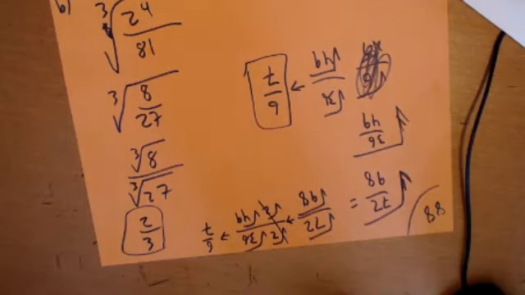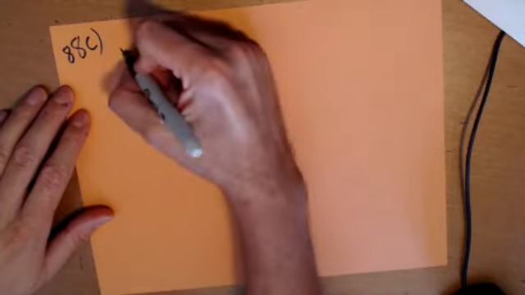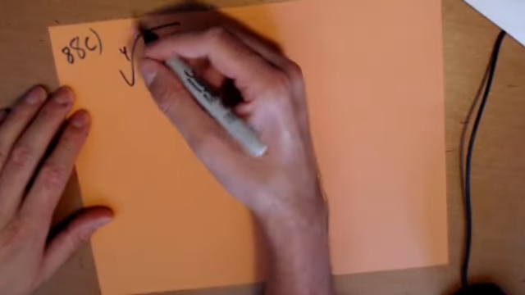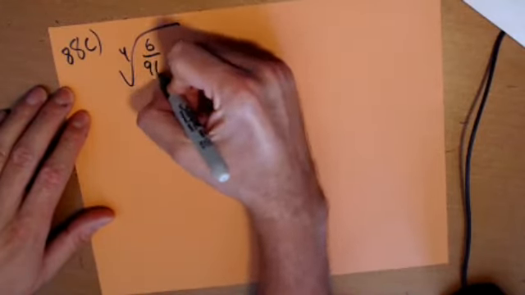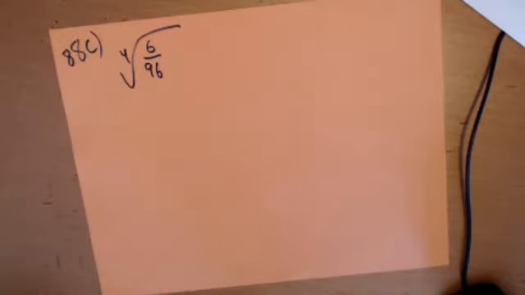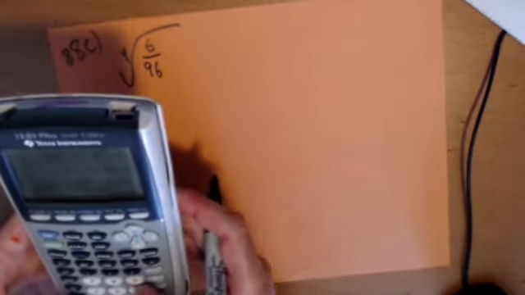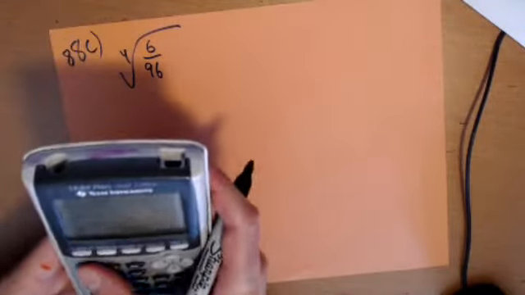Okay, 88 part C. Fourth root of 6 over 96. Does 6 go into 96? 96 divided by 6 is 16.